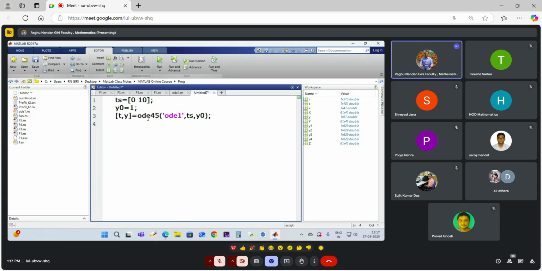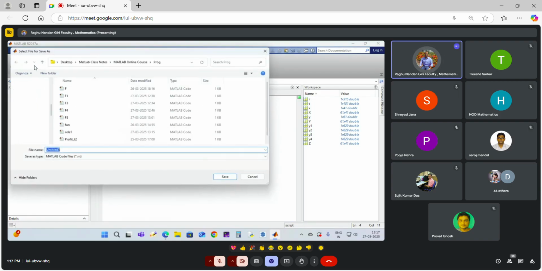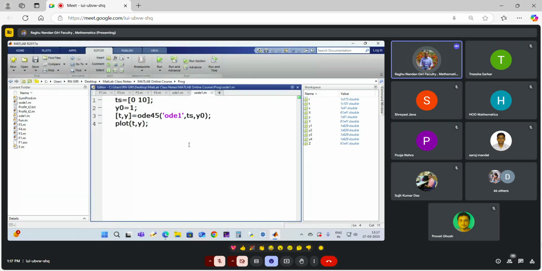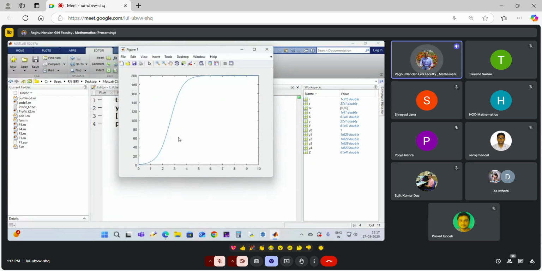Okay, then I plot t comma y. So this is the script for the ODE.